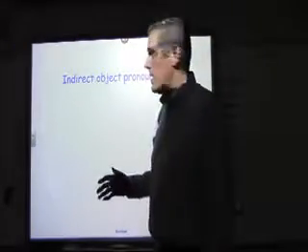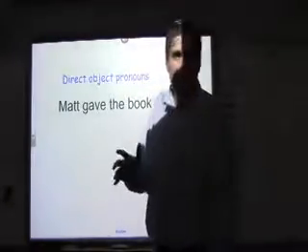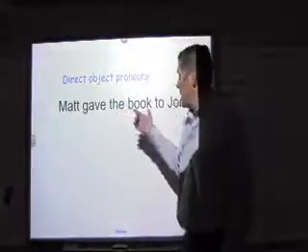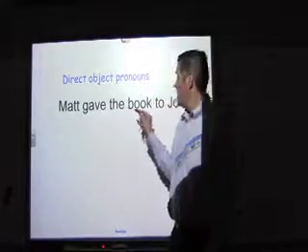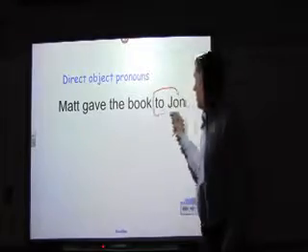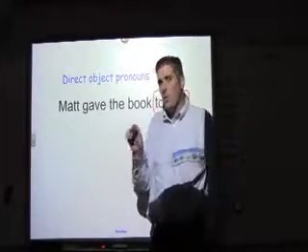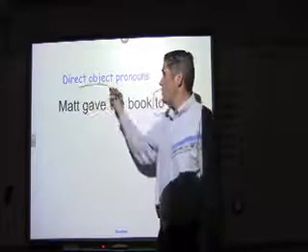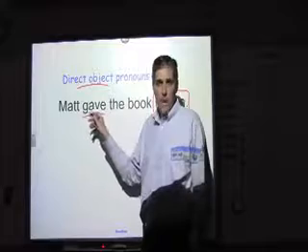Okay, let's move on to direct object pronouns. Using that example that you just had in the video, Matt gave the book to John. We talked about the indirect object pronoun, but we didn't talk in that little review about the direct object. Okay, the verb here, to give, Matt gave.